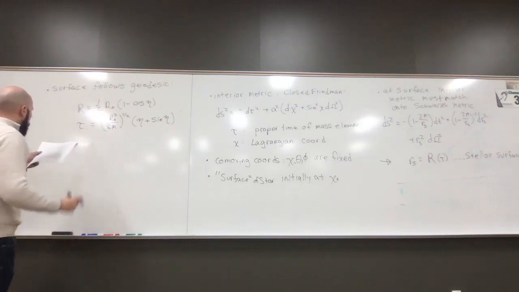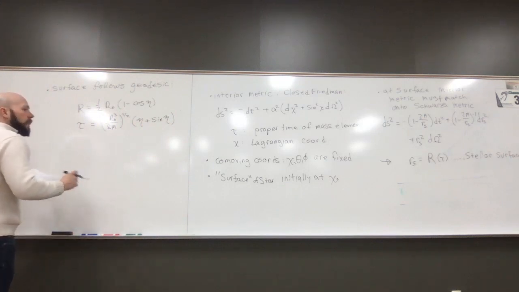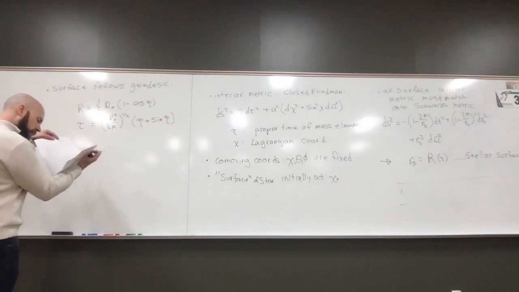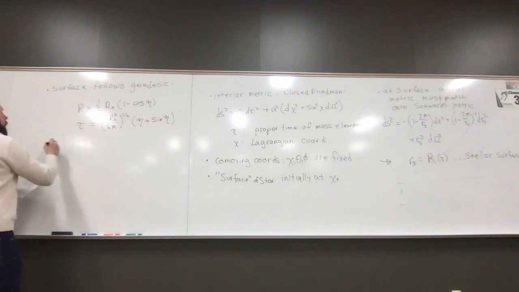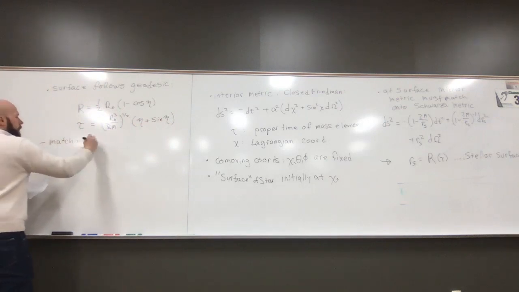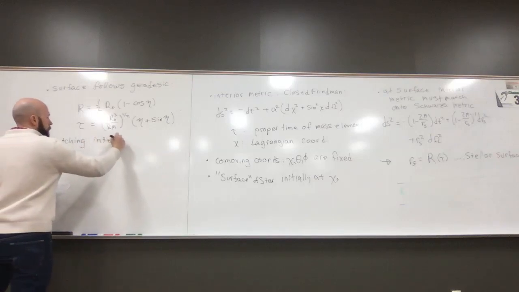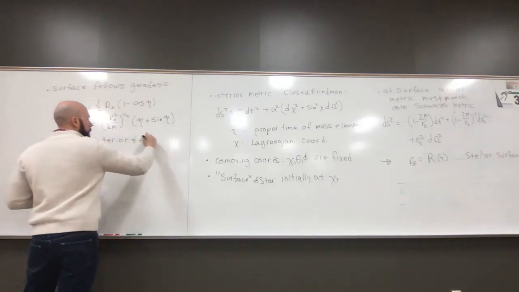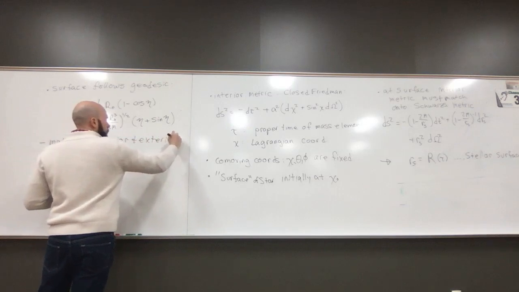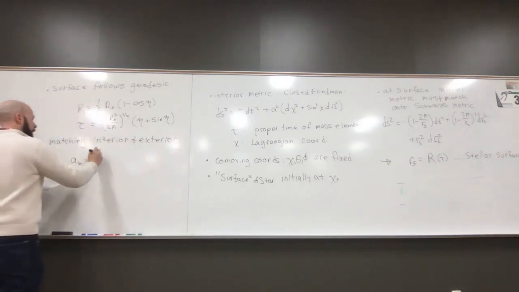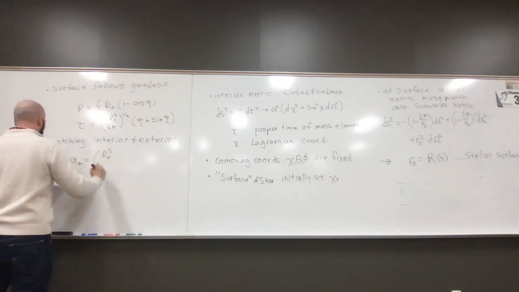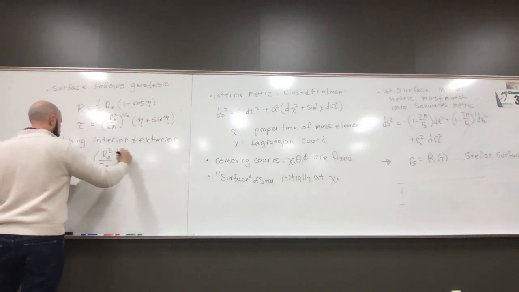And matching those interior and exterior solutions gives me the following. I get a sub m is equal to r naught cubed over 2m, all to the 1/2.